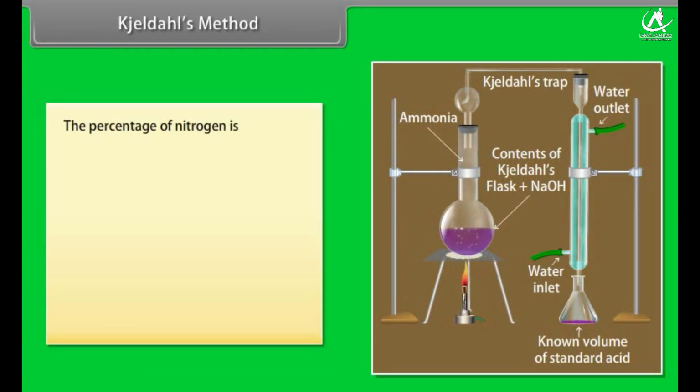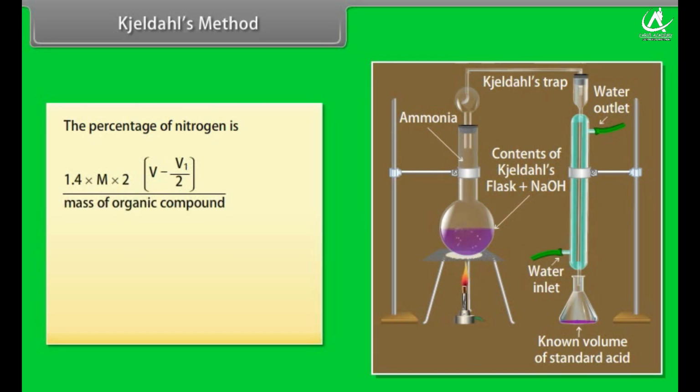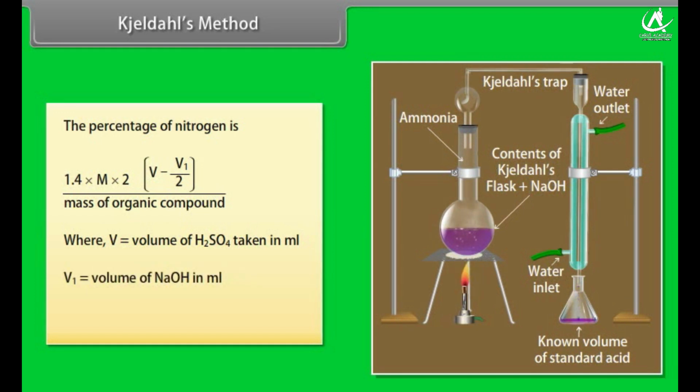The percentage of nitrogen is 1.4 × M × 2 × (V − V1/2) divided by the mass of organic compound, where V is the volume of H2SO4 taken in milliliters, V1 is the volume of NaOH in milliliters, and M is the molarity of H2SO4.